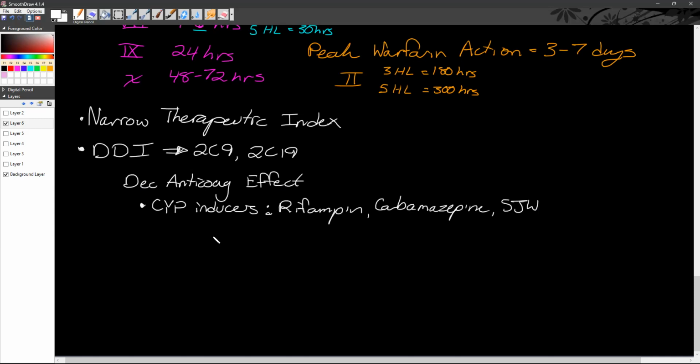The other thing that we can see is an increase in vitamin K in the diet. Warfarin works by preventing vitamin K from being utilized to make the clotting factors. These would decrease warfarin blood levels, but having more vitamin K in your diet wouldn't necessarily decrease the warfarin blood level.